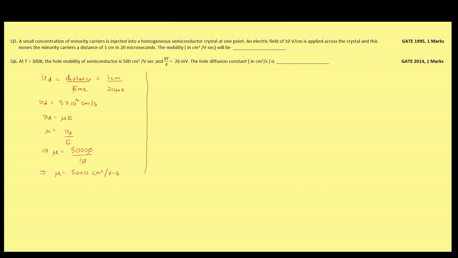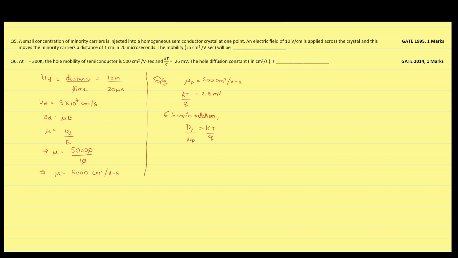Now, for the sixth question, at 300 Kelvin, the hole mobility of a semiconductor is 500 centimeter square per volt second, and it is provided that thermal voltage, which is kT/q, is equal to 26 millivolt. The hole diffusion constant is, we know from the Einstein relation, diffusion constant divided by mobility equal to kT/q.